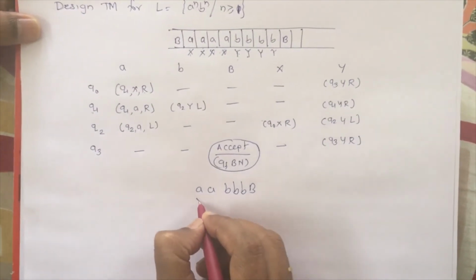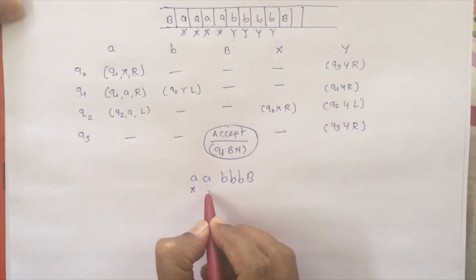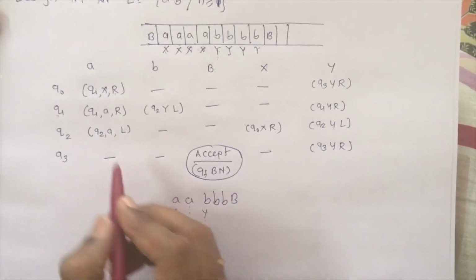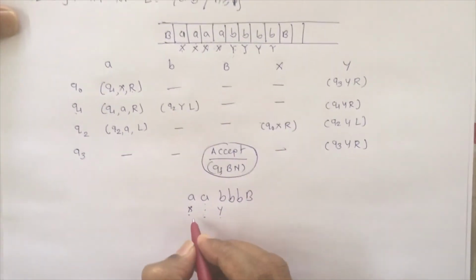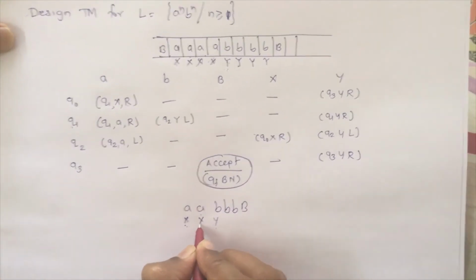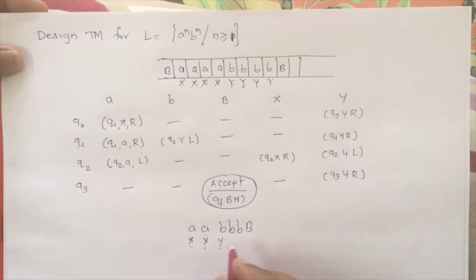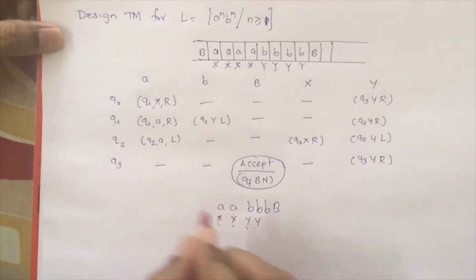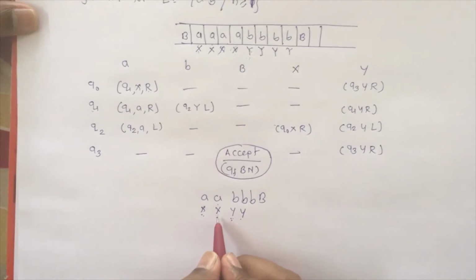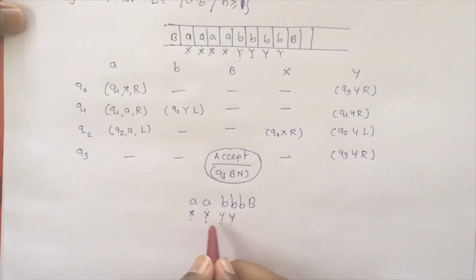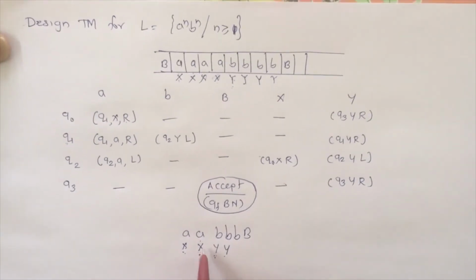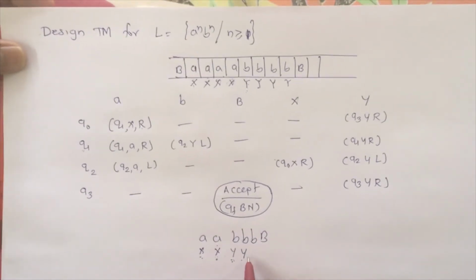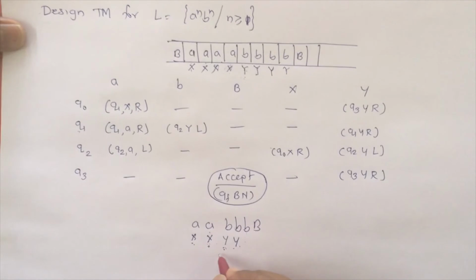So Q0 A, Q1 X R, Q1 A, Q1 A R, Q1 B, Q2 Y L, Q2 A, Q2 A L, Q2 X, Q0 X R, Q0 A, Q1 X R, Q1 Y, Q1 Y R, Q1 B, Q2 Y L, Q2 Y, Q2 Y L, Q2 X, Q0 X R. Now we know that all a's are over, so we don't have a, we will be getting directly Y. So Q0 Y would be Q3 Y R, Q3 Y R. Now we are getting Q3 B, so this is not defined, so this string is not accepted.